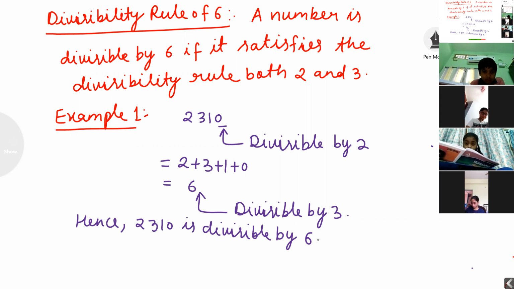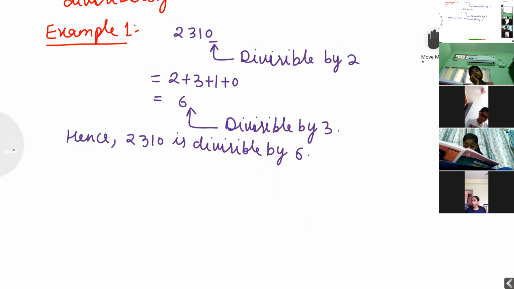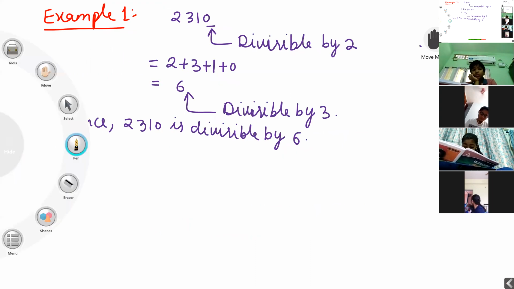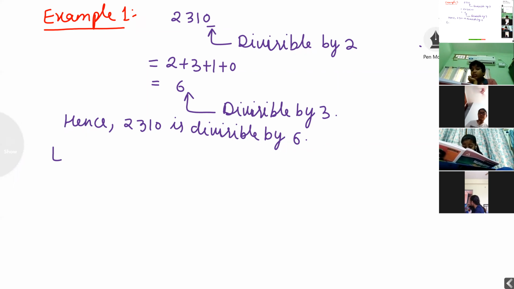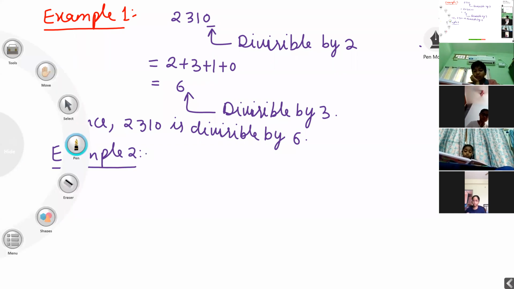Next, example 2. I am writing one number.